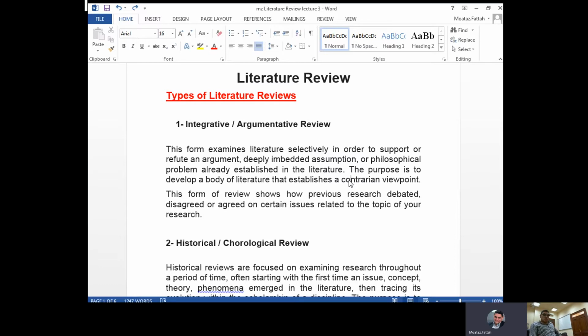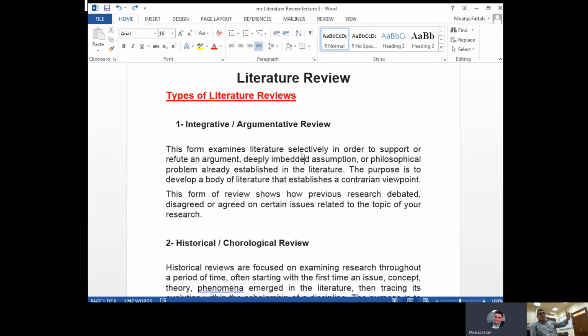What you can do, what you will need to do, is to selectively find all the literature that supports this claim, with all different aspects, with all methodologies used, with all their arguments, how it has become a norm in the literature, how it has become almost like a fact in the literature.